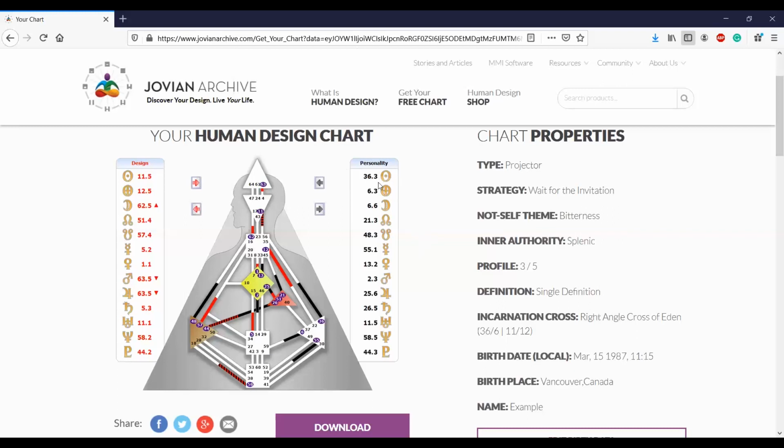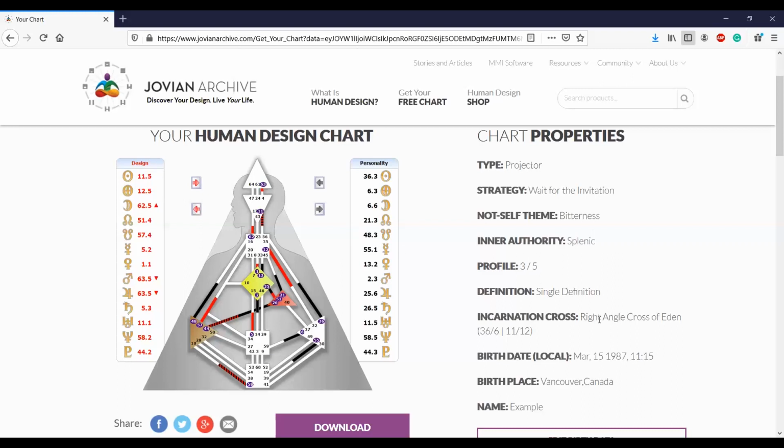And if you notice here, we have number 3, which matches with the number 3 here. And this 5 matches with the design side, which is unconscious. This one here, 5. And again, it tells us how we interact with the world, what our themes are, as well as how others perceive us. Yeah, and how others perceive us basically has more to do with unconscious design than our personality.